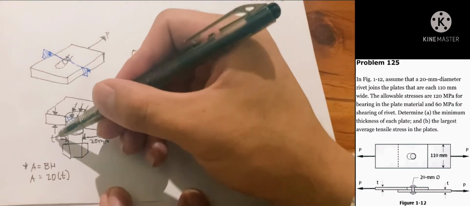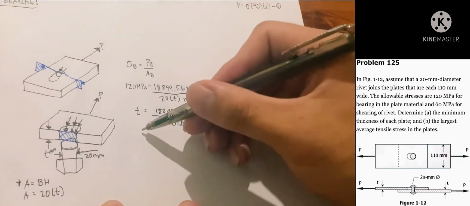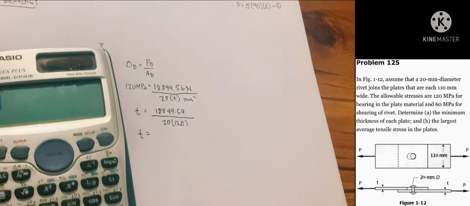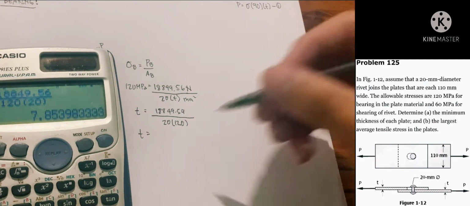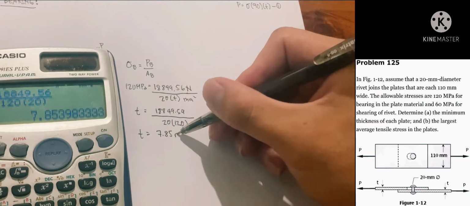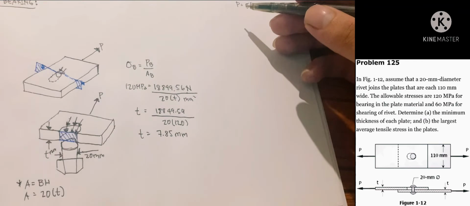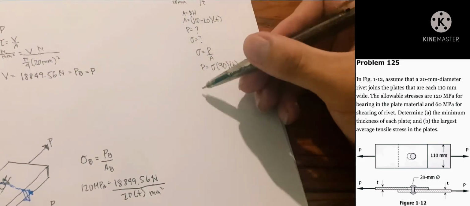These three simple stresses. So we have our thickness. Let us check our units. Yep, the perpendicular area is base times height, which is 20 times T, which are both in millimeters. So we would have millimeters squared. So our thickness is 7.85.